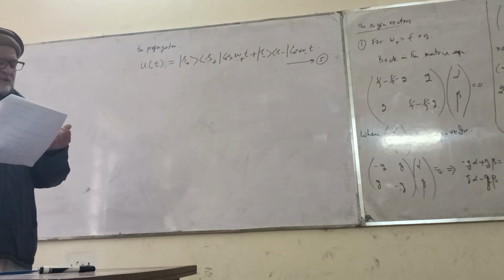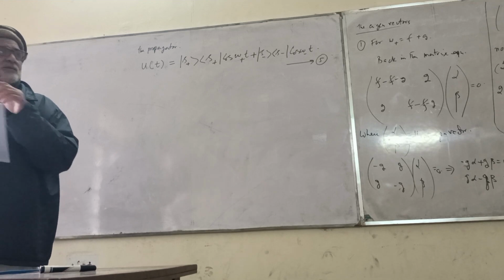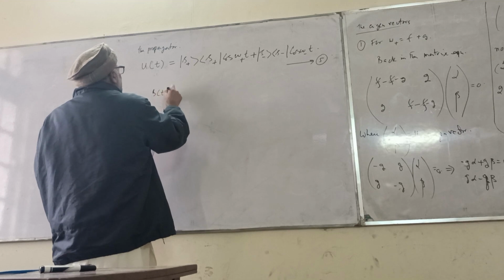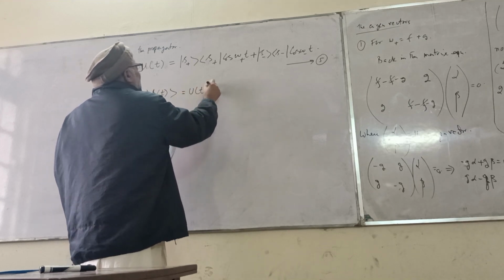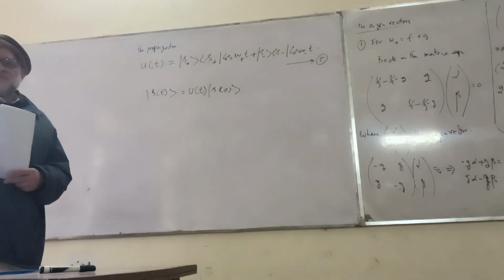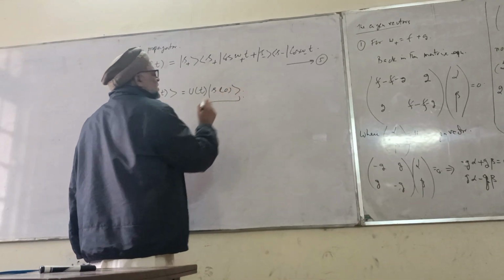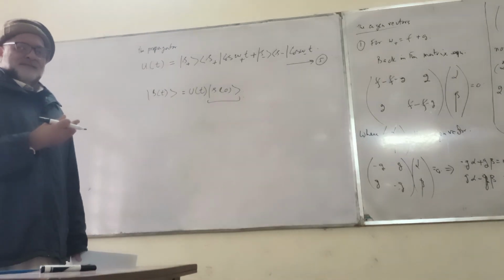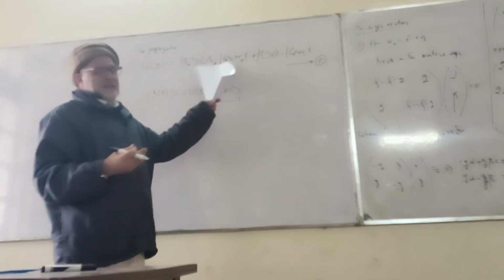Now we have to write the initial state, because you know we said S of t at any time t will be equal to U of t and S of 0. So we have to write this in terms of the eigenvectors, because here are the eigenvectors.